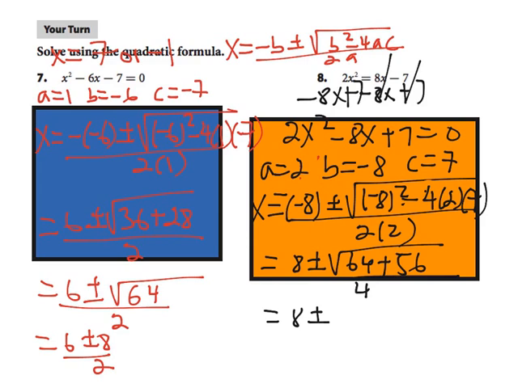So 64 plus 56 is square root 120. Square root 120 can be rewritten as, let's see, 4, 30, 5, and 6.